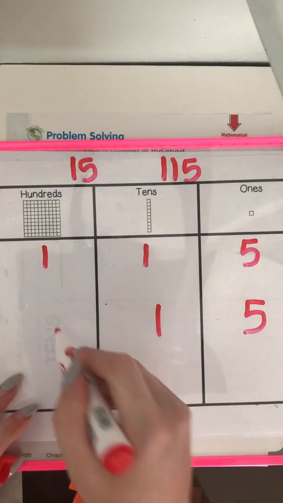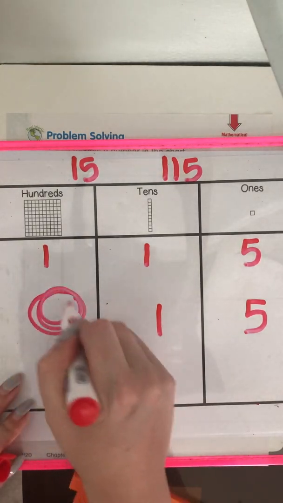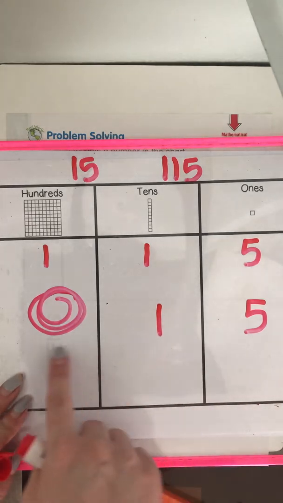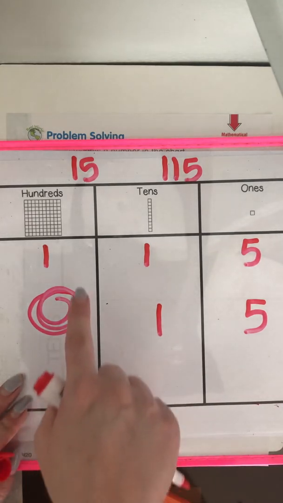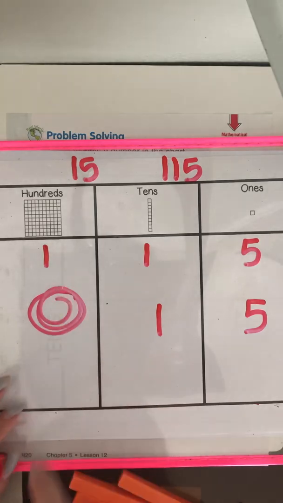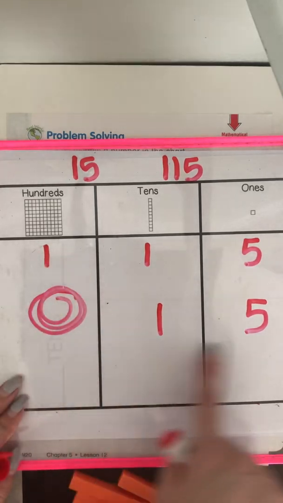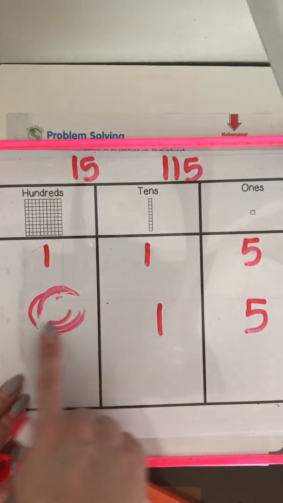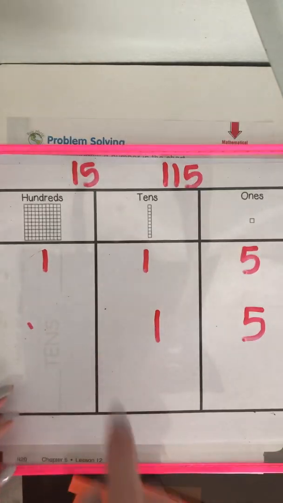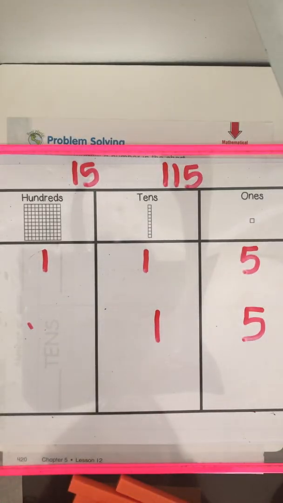We're missing this one. So the number 15 doesn't have a hundreds. The number 115 does. It has one group of 100. The number 15 has nothing in the 100s. It doesn't have 100 cubes.